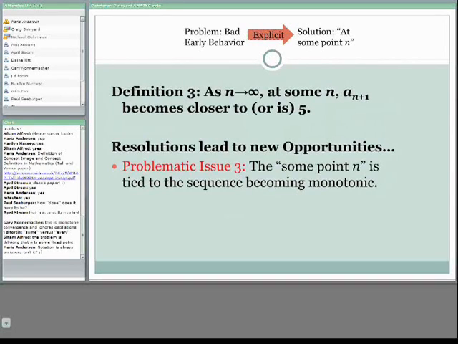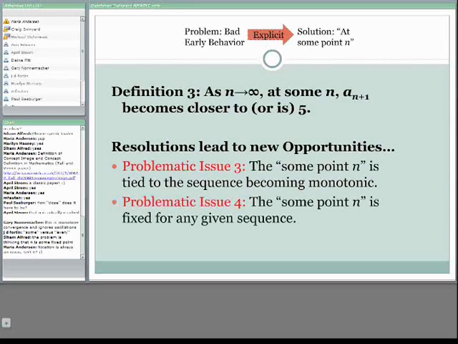And that's going to end up being an implicit resolution to the problematic issue up here, that n is tied to a place where the errors start decreasing. So they're not thinking about that as a problematic issue, but they transfer the meaning of "at some point n" due to them resolving a separate problem. Okay, so here's where that happens.